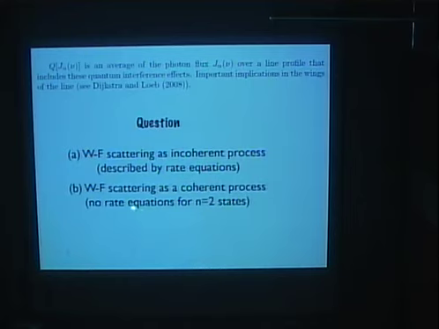In the second, you have no rate equations except for the n equals 2 level and the two lower hyperfine levels, and the scattering occurs as a coherent process. They have very different predictions when you're going off resonance, or in the wing of the profile. I'm not sure which of these is the correct way of thinking about Field-Wouthuysen scattering, so I'll just leave that as a question.